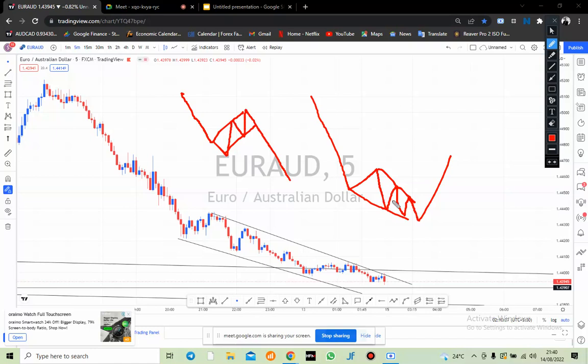A falling wedge pattern is also different from a symmetrical triangle, whereby we have the downtrend, and we have something like this.